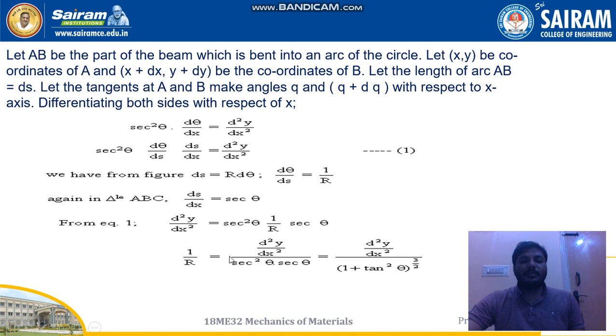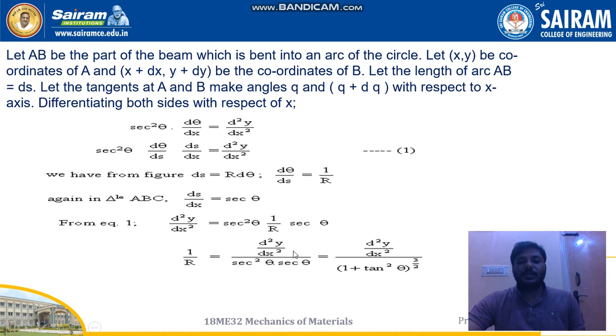Now 1 by r will be equal to d square y by dx square divided by secant square theta into secant theta. We brought this term down.